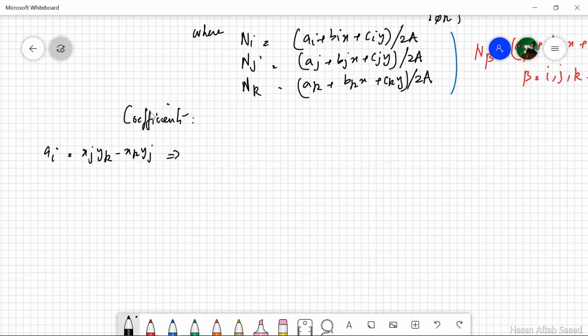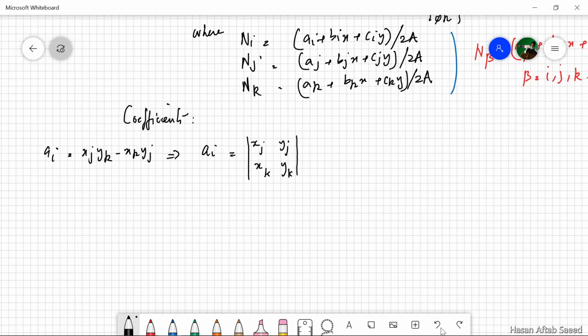Now if we write it in matrix form, this expression takes the shape x, y, j here, k here. This is the same expression.